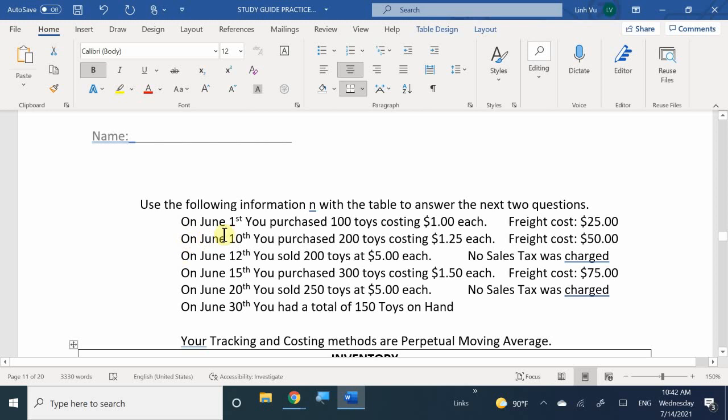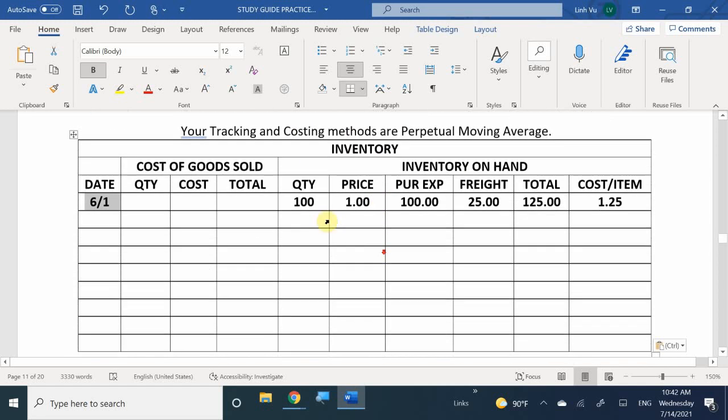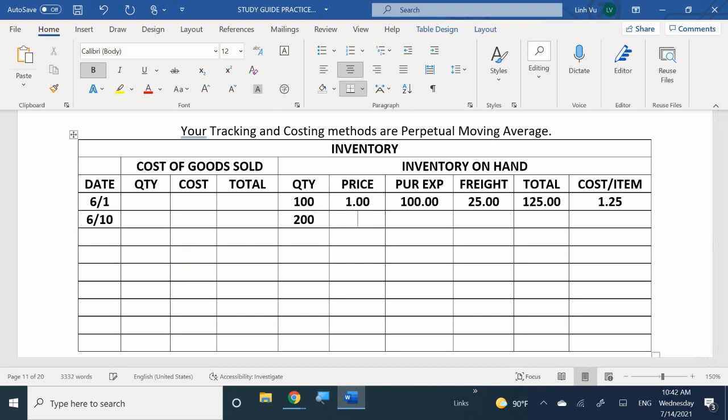On June 10, you purchase a total of 200 toys costing $1.25 each with a freight of 50. So this is going to be 250 plus 50 gives you 300.